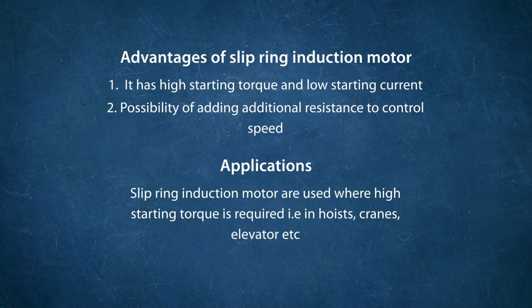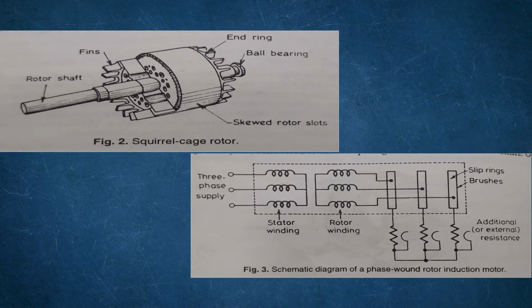Slip ring induction motors are used where high starting torque is required. Where are such applications? You have traveled in lifts and cranes. Here the starting torque required is high, so such motors are used in lifts and elevators.